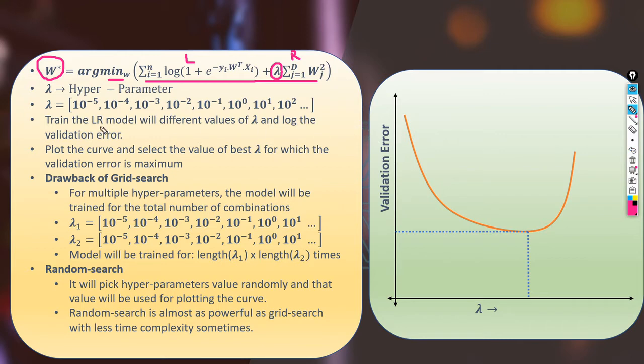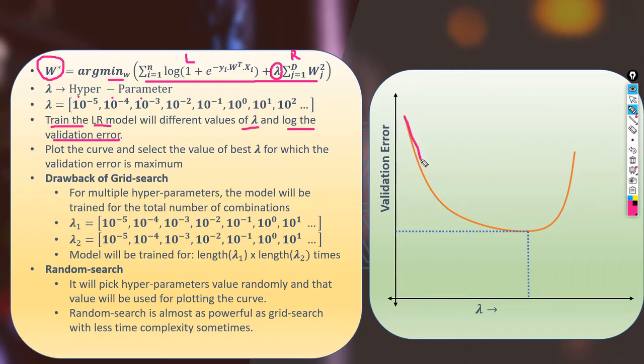Then what you have to do? You have to train the logistic regression model for different values of lambda. For this value of lambda, again for this value, again for this value, for this whole set of lambda values, you have to train your logistic regression model and log the validation error, specifically the cross validation error.